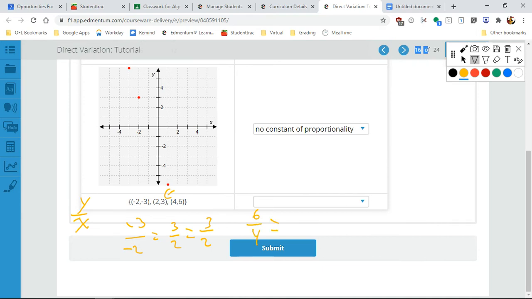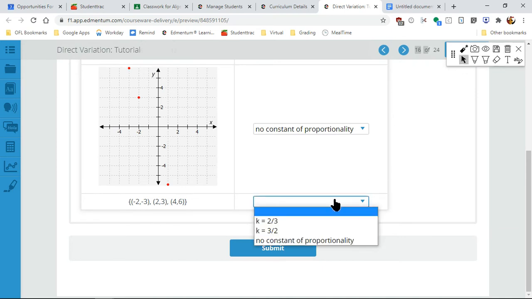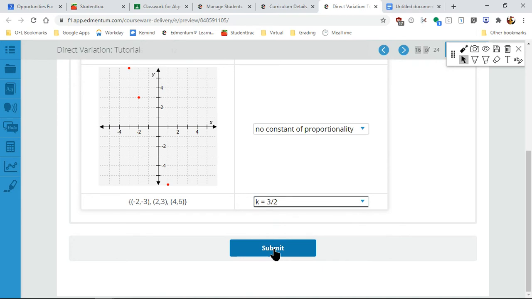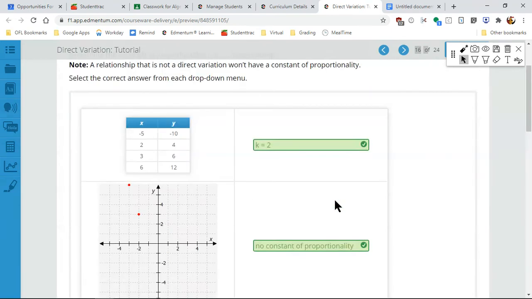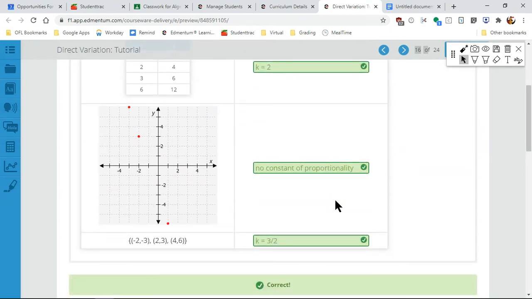But if we divide the top and the bottom by 2, we still get 3 over 2. So this means it is direct variation. So if it is direct variation, our constant should be 3 over 2. Is this making sense to everybody? Basically, direct variation should always just be y over x.